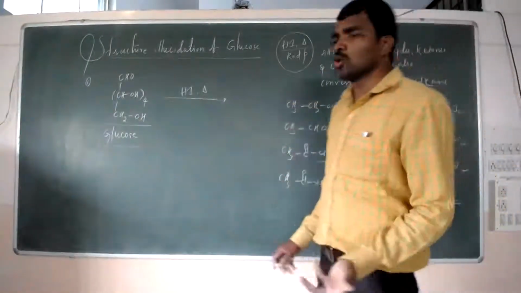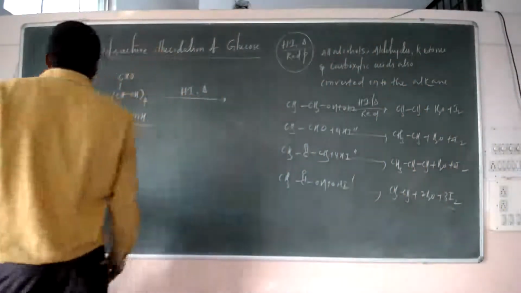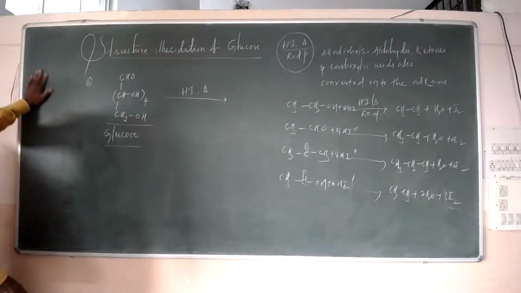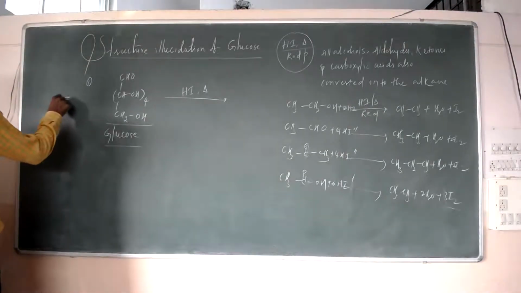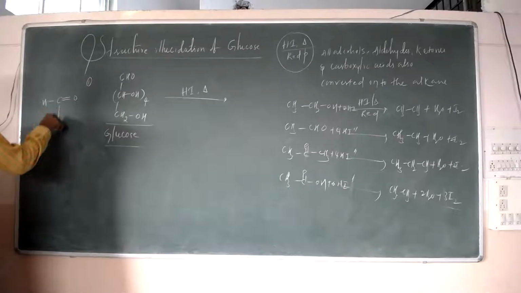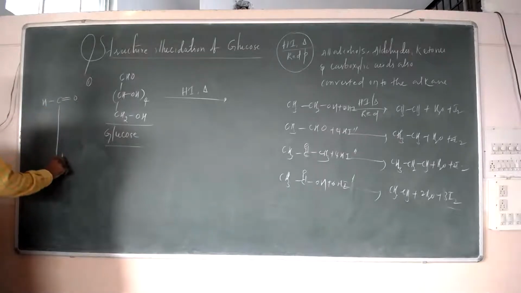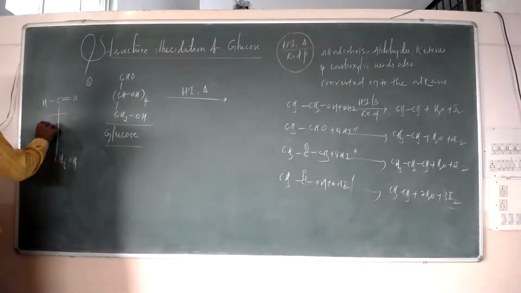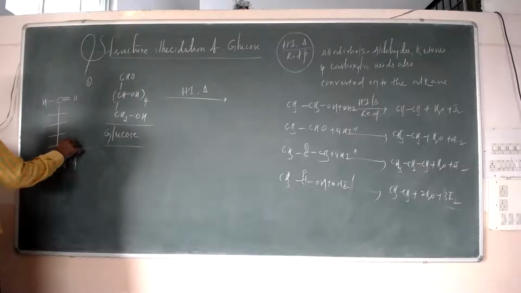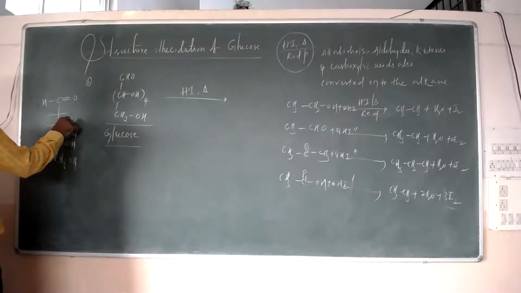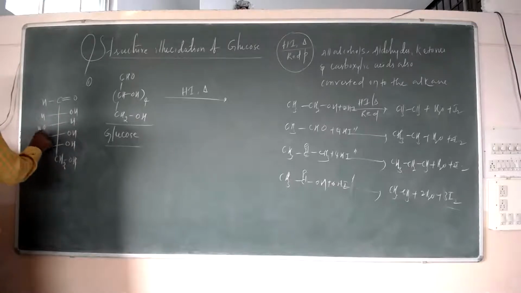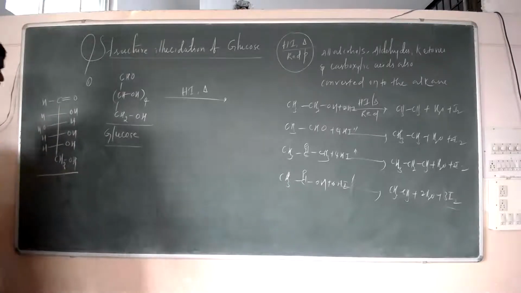So you know the glucose structure. I'm writing it: C double bond O with H at the top, then CHOH groups numbered 1, 2, 3, 4, and CH2OH. This is the glucose structure.